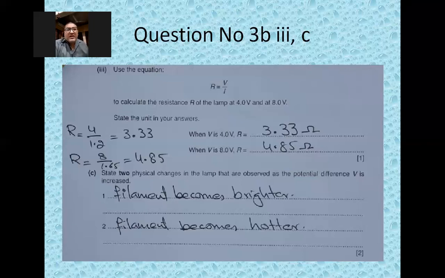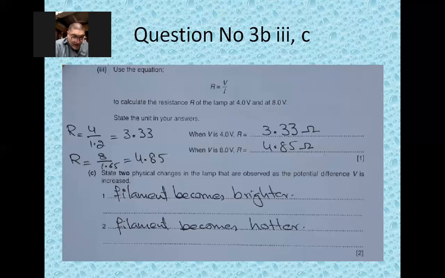The filament becomes brighter. So, state 2 physical changes in the lamp that are observed as the potential difference V is increased.